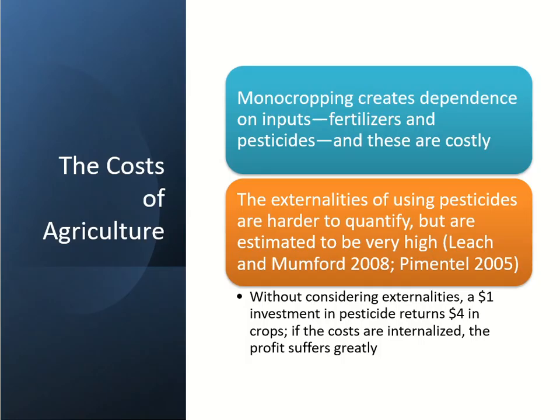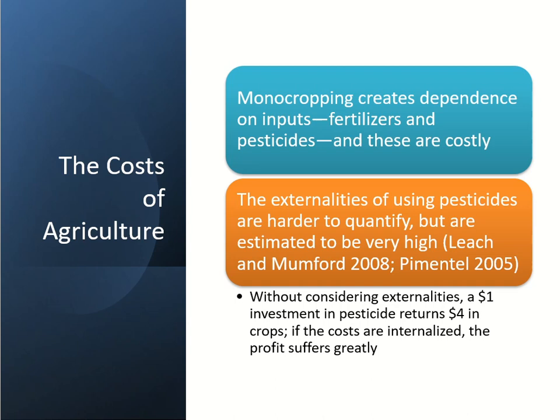So thinking about the cost of agriculture, monocropping, as we just noted, creates dependence on both fertilizers and pesticides, and also increases the cost of production. And part of this cost is not actually considered because of the externalities. We don't take into account the economic damage that's caused by destroying the environment with toxic pesticides. It's harder to quantify that, but there are some estimates out there.